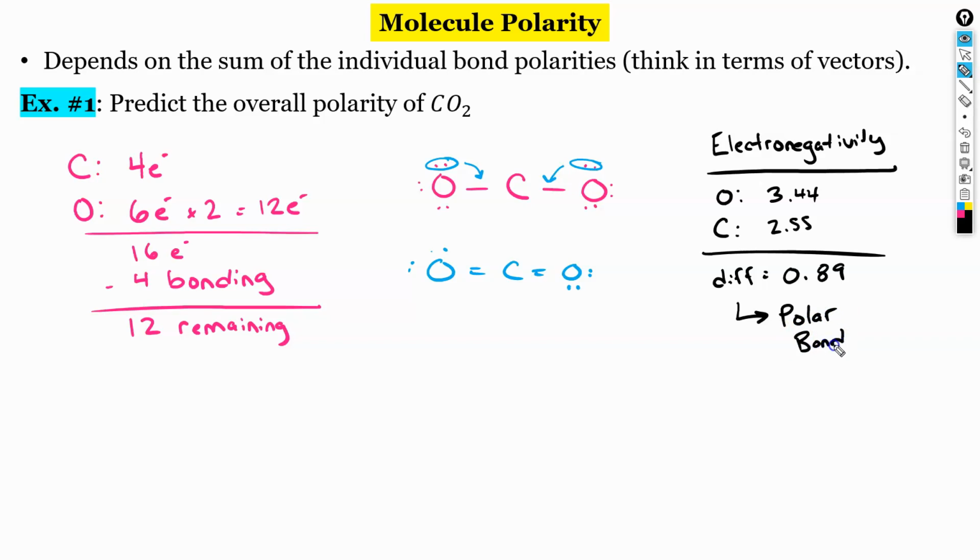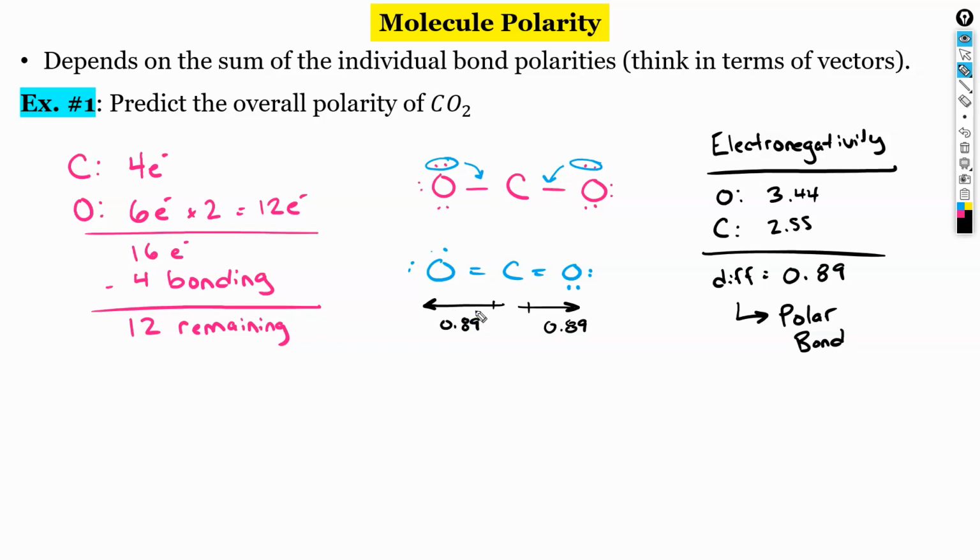Since it's a polar bond, we're going to have dipoles. On our molecule, since oxygen is more electronegative, our dipole is going to point towards the more electronegative atom. So we have 0.89 pointing towards the oxygen here, and then we have another one on the other side. This is kind of like a tug of war.